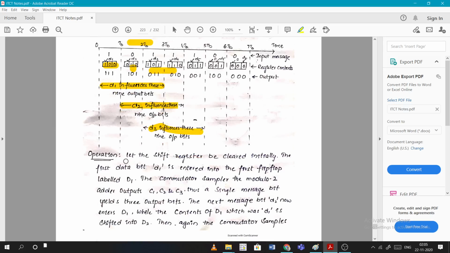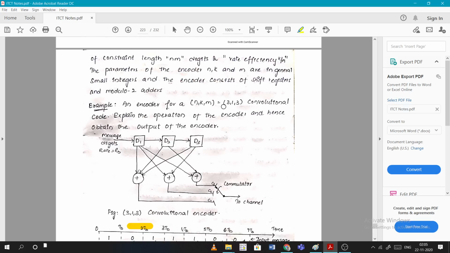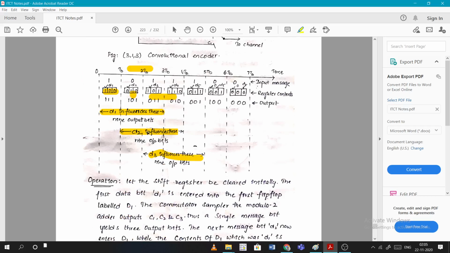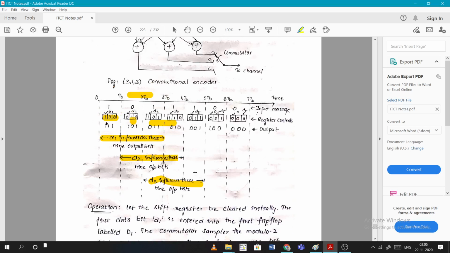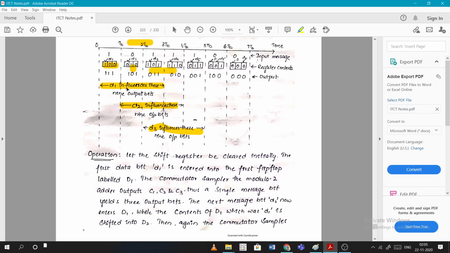Sorry, we wrote that, and constraint length is n into m. Here n is 3, m is 3, 3 3s are 9, we got, right? That is the constraint length. Okay, 9 bits will be there for each influence. So each block will influence 9 bits.